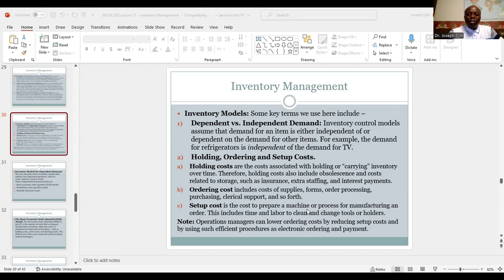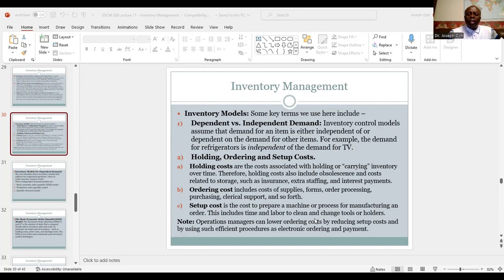Next is the ordering cost, which includes cost of supplies, forms, order processing, purchasing, clerical support, and so on. The other one is the setup cost, which is the cost associated with preparing a machine or a process for manufacturing an order. The setup cost includes time and labor to clean and change tools and holders.